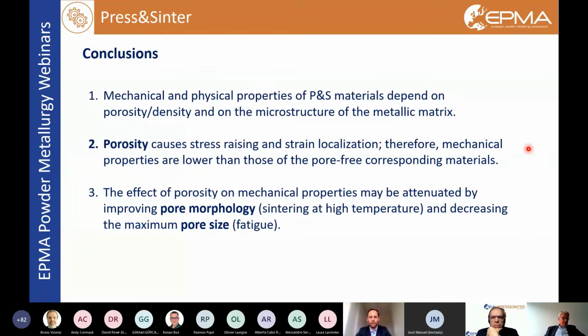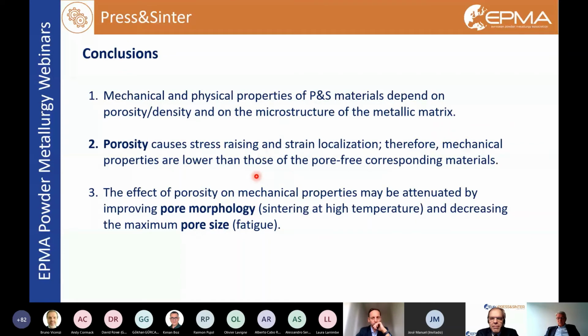So, to conclude my presentation, mechanical and physical properties of the present materials depend on density, porosity, and of course on the microstructure. The porosity, as I showed you, causes stress raising and strain localization, and as a consequence, the mechanical properties are lower than those of the corresponding pore-free materials.